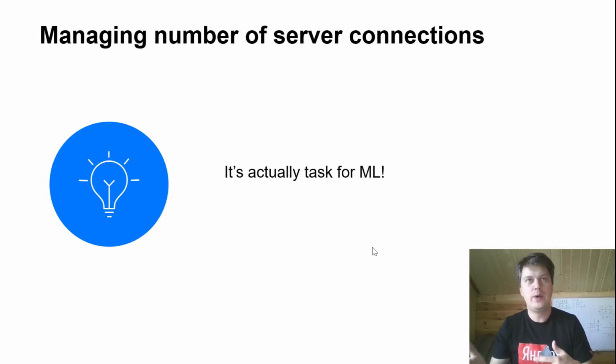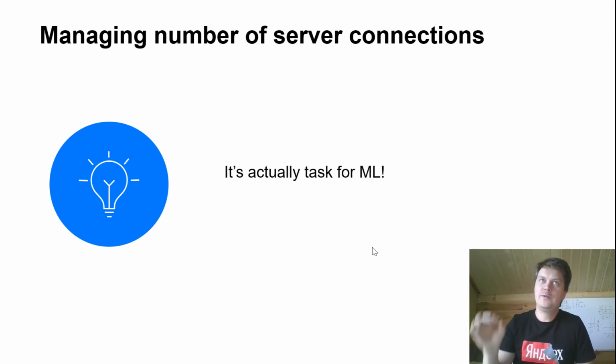Vice versa, when you have a lot of server connections, if you have thousands of server connections, things tend to be slow. So a small number of server connections is bad, and a big number of server connections is bad. And I think we need some machine learning to pick the optimal number of server connections for a given workload.